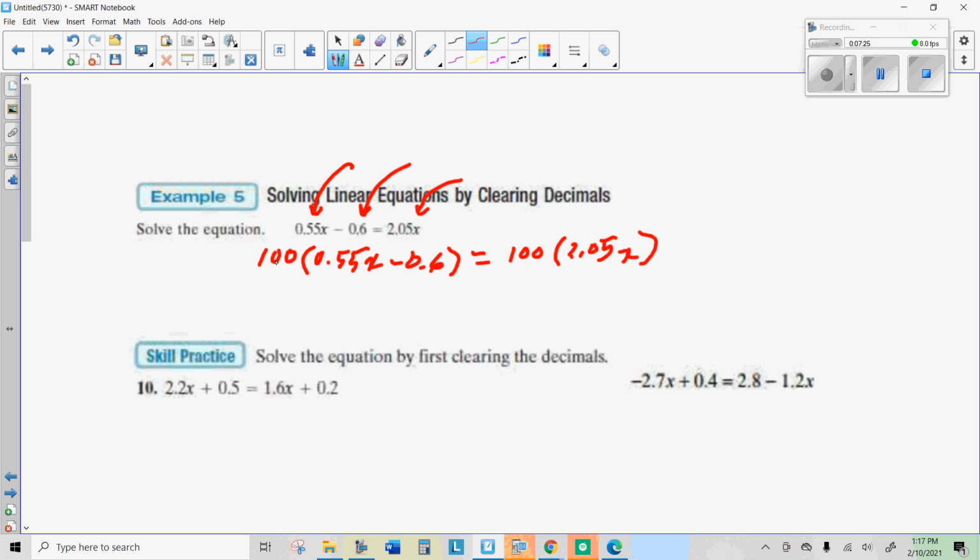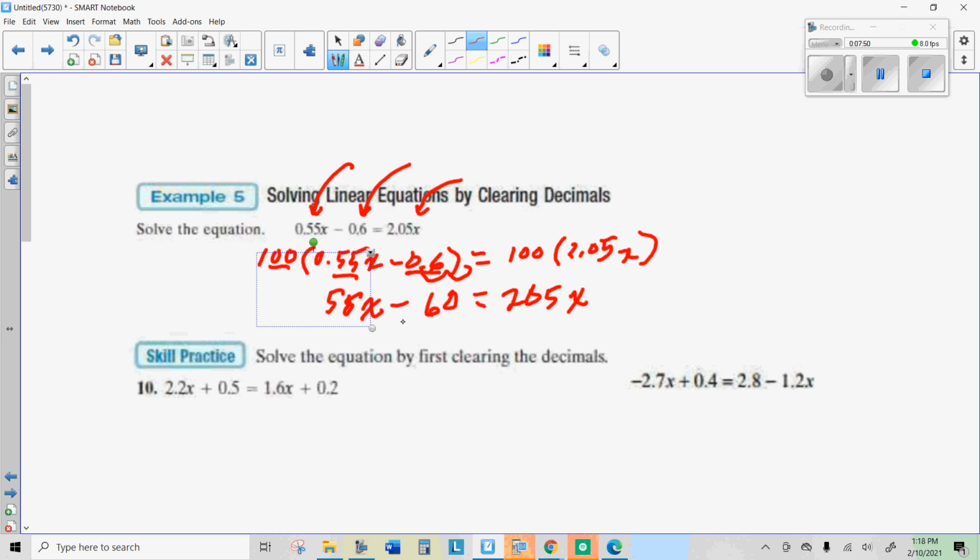It just moves the decimal over 2 places. So 100 times 0.55 is 55. 100 times negative 0.06 is, remember that's moving over 2 places. So 1 place would be 6. 2 places would be 60. 100 times 2.05 is 205.